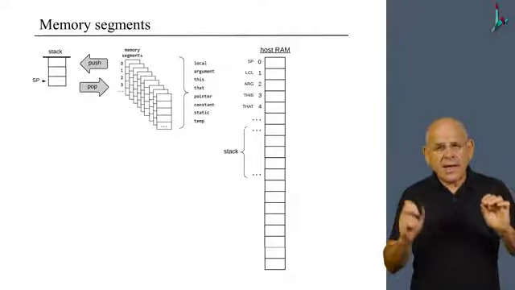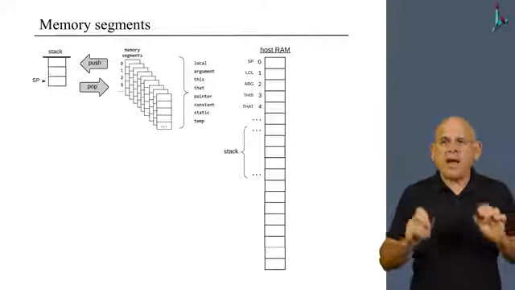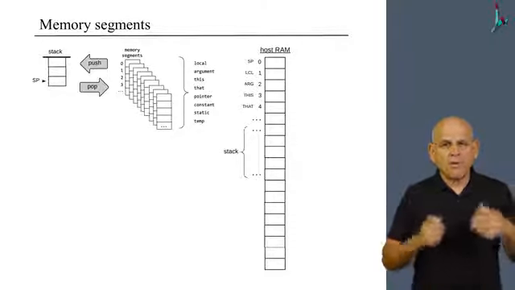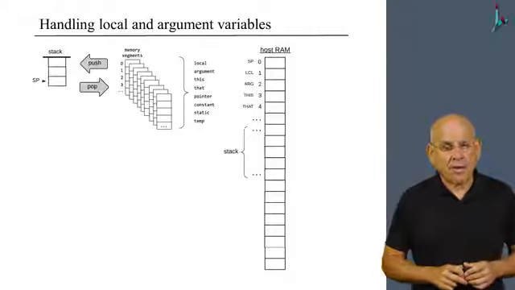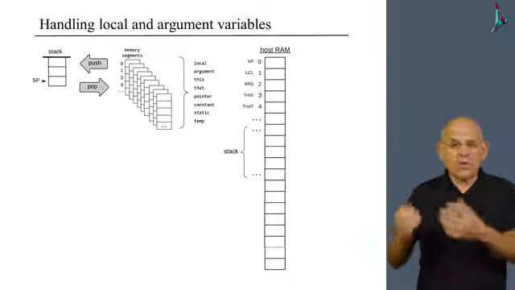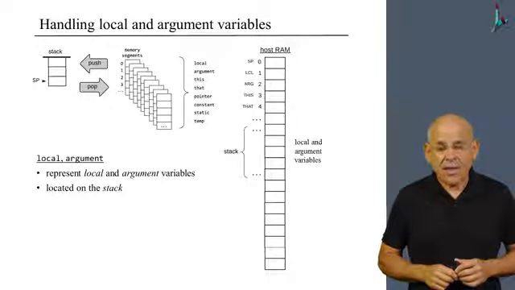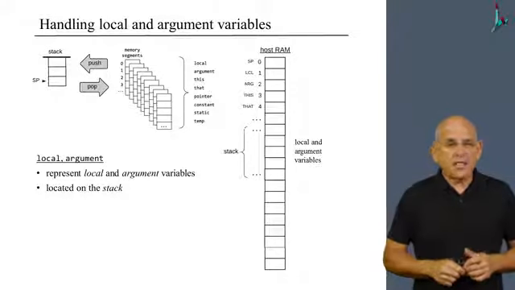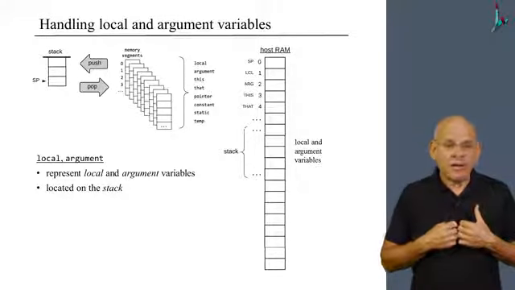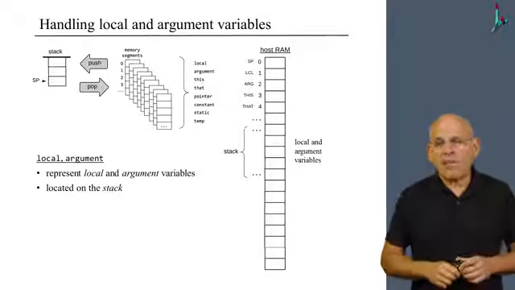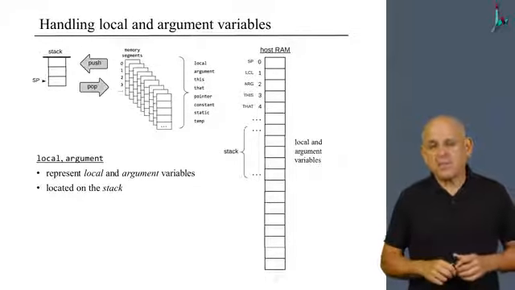So let us say a few words about how this architecture is used in order to support the notion of local and argument variables. Well, local and argument variables are stored on the stack and managed by the VM implementation. And as far as the VM code is concerned, we can access them using the local and argument segments respectively.